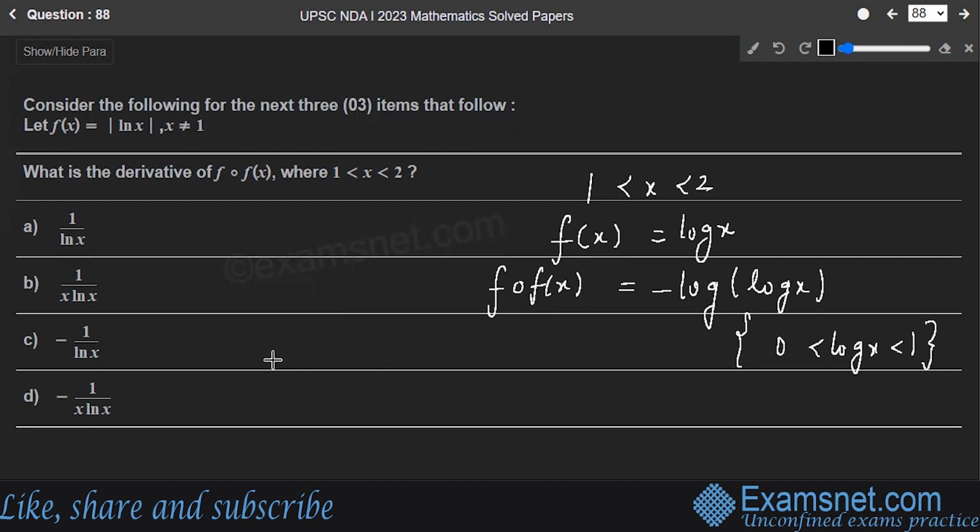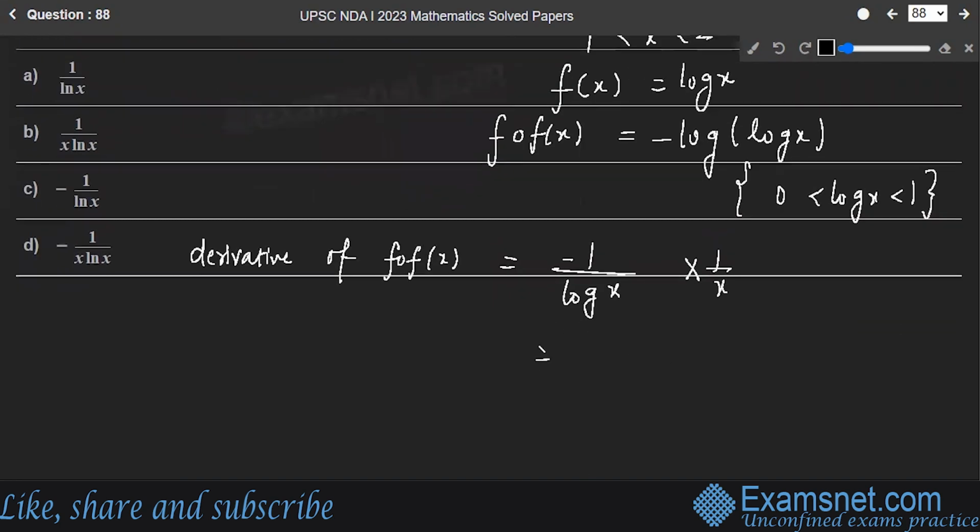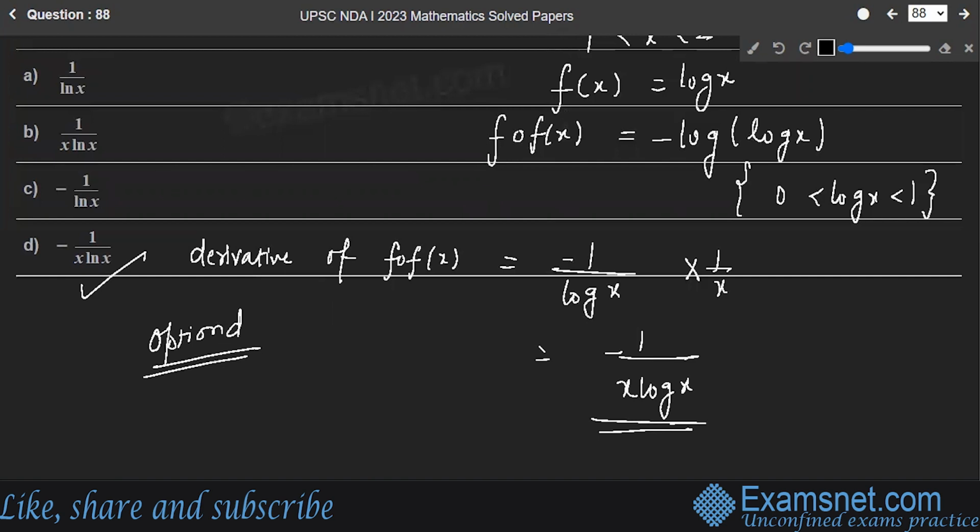So, derivative of f of x is equal to minus 1 by log x multiply this. So, this is equal to minus 1 by x log x, which is option D. Hope you got this. Let's move to the next question.